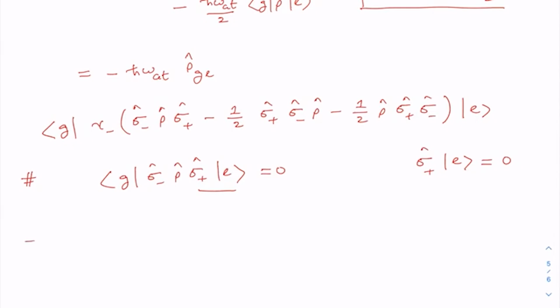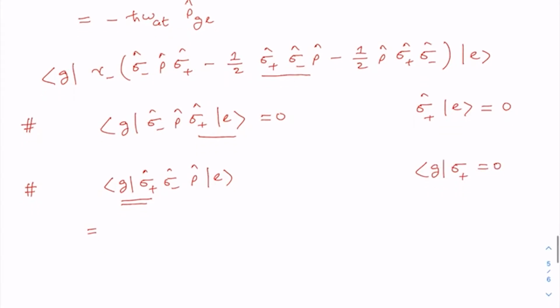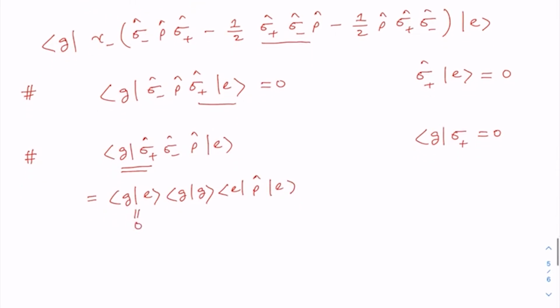Then let us look at this term now: Z sigma plus sigma minus rho E. Here again, when sigma plus operates on the ground state, effectively it's going to give me 0, because it is operating on the bra. Let me do it explicitly. You will have Z here, and sigma plus takes you from the ground state to the excited state, and here sigma minus takes you from the excited state to the ground state, and you'll have rho E here, and because these are orthogonal, this is going to give me 0, so this will be simply 0.